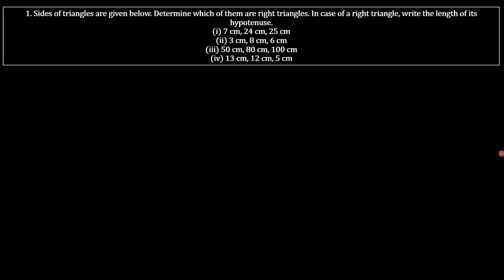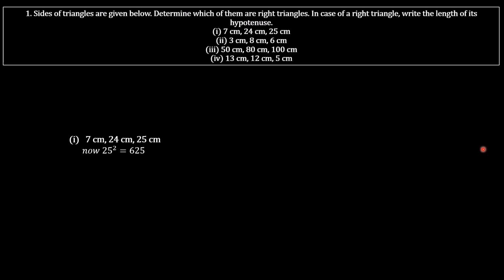Now see, the first one is 7 centimeter, 24 centimeter and 25 centimeter. Out of these, 25 centimeter is the longest side. So if the triangle is a right triangle, it is the hypotenuse. We will verify it by squaring it and also squaring the other two sides and adding them, and see whether they are equal or not.